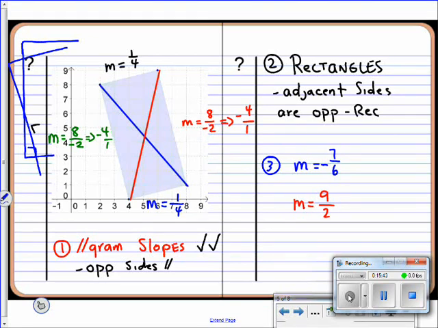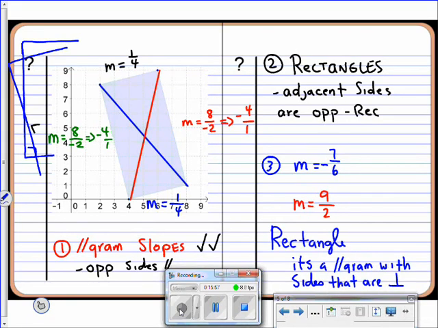Remember, I can use the distance formula on the sides or the slope formula on its diagonals to figure out if it's a rhombus. Since it failed the rhombus test, it is a rectangle. So I'm going to state that it's a rectangle, because it's a parallelogram with perpendicular sides.